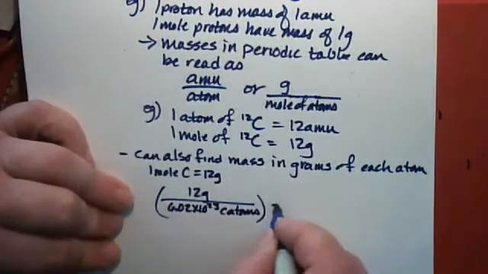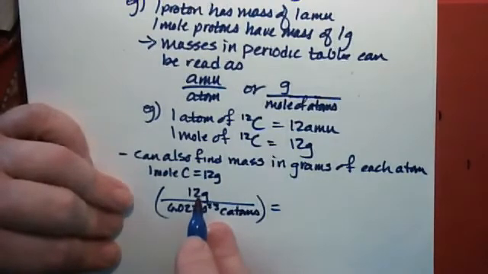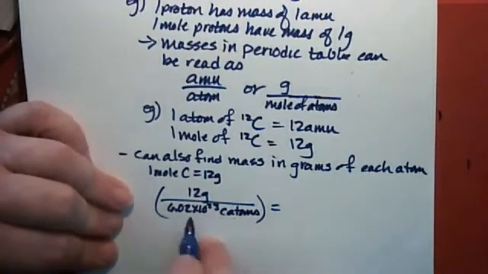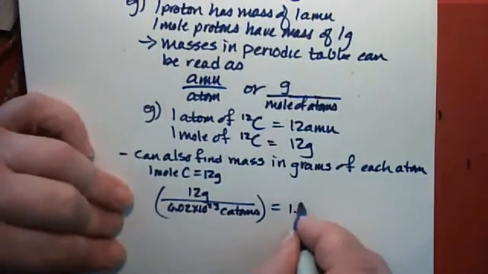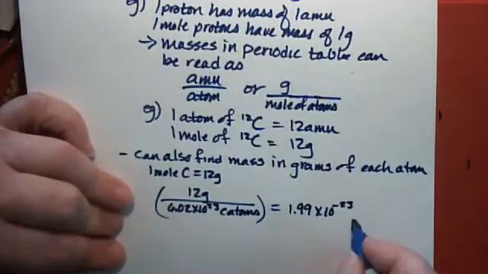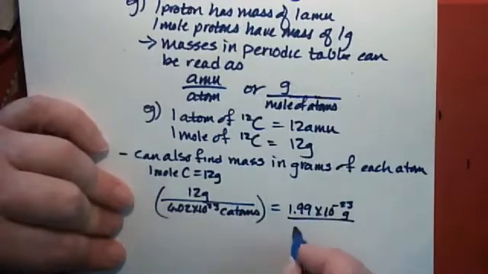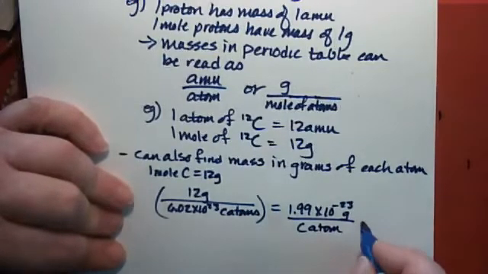So it's 12 grams per mole, but there are 6.02 times 10 to the 23rd atoms in a mole. So 12 grams divided by the number of atoms in a mole would be 1.99 times 10 to the minus 23rd grams per carbon atom. And that would be equivalent to 12 atomic mass units.